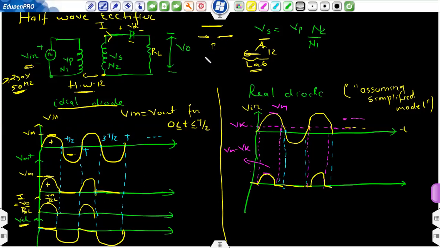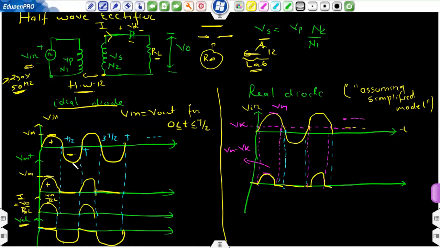Open circuit means a resistance of an infinite value. So it will drop all the voltage across it. It will not let any of the voltage pass to drop across this resistance RL. So VD will be exactly equal to Vin. So as it is, I have drawn VD exactly equal to Vin.